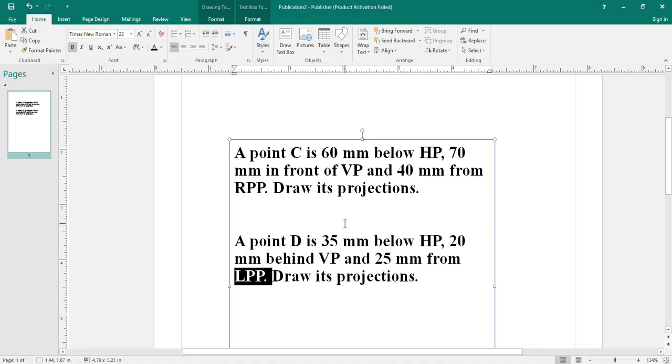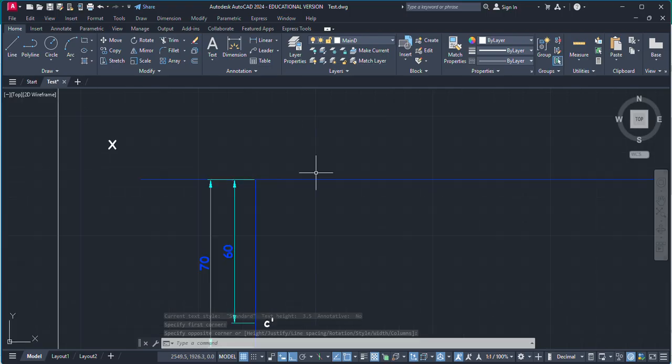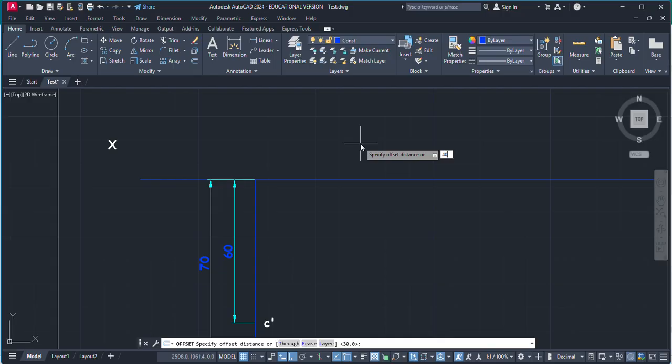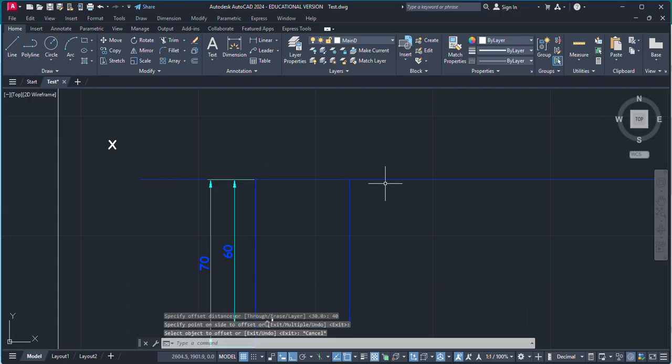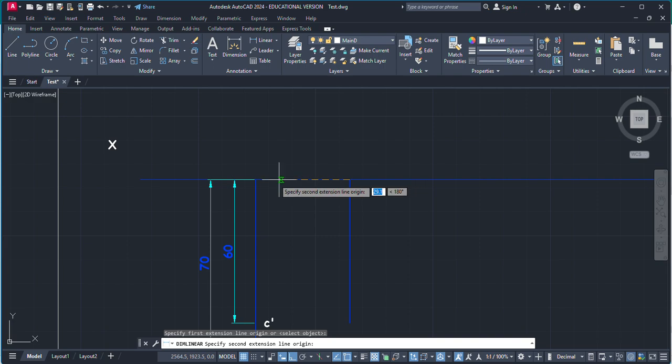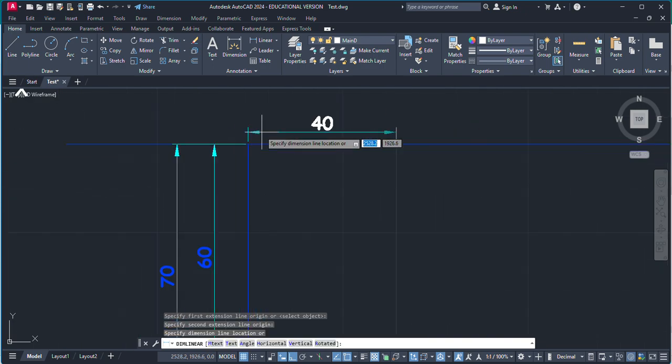Now the point is 40 mm from RPP, so I'm going to take this line and set a distance of 40 mm in this direction. So this dimension is 40 mm.